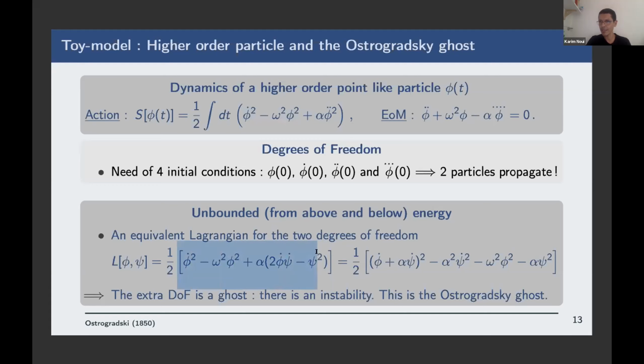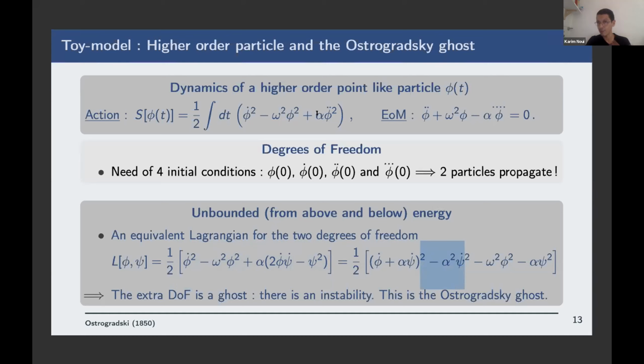So this Lagrangian is fully equivalent to this one. But what is interesting with this Lagrangian is that you can reformulate it like this, and you see now this Lagrangian contains one kinetic term with a positive sign and one kinetic term with a negative sign.